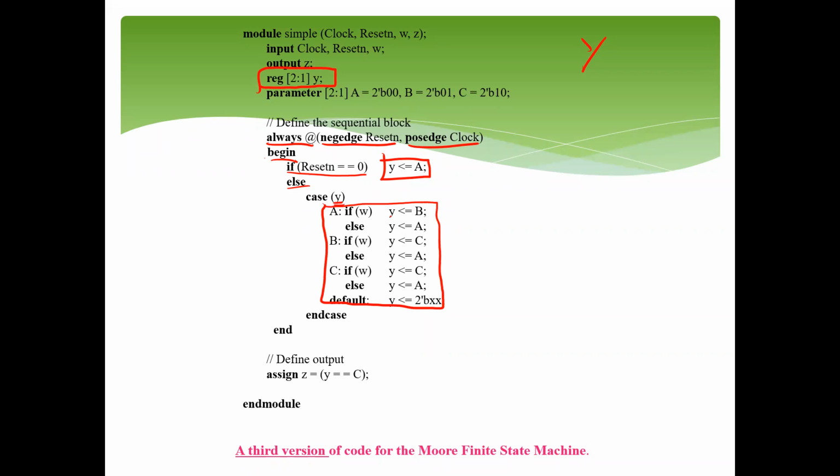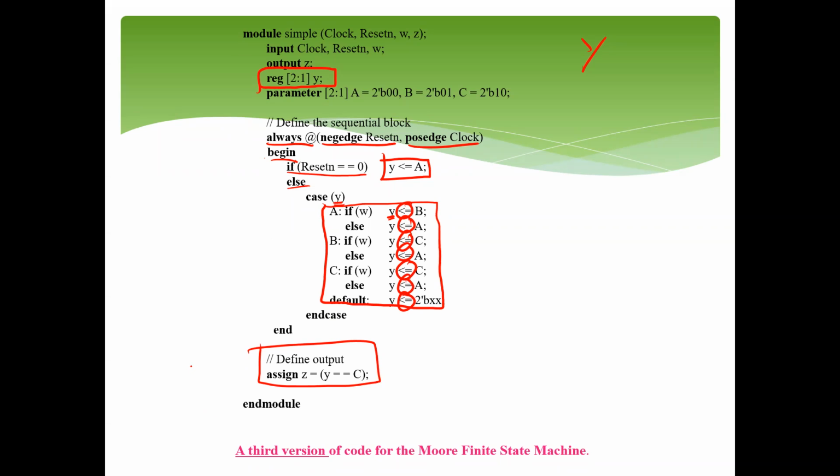I'll just assign directly to the output of the flip-flop. And the most important part is that you use non-blocking assignment when you do that. The output is the same as what we did in the first version.